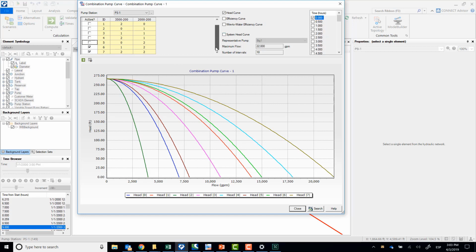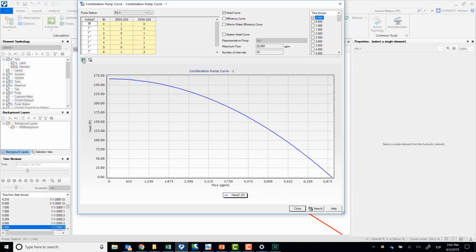Okay, so I'm going to turn them all off for now. Maybe start with one at a time, and this might make more sense. Okay, so what is this curve showing us? It's showing us the scenario where we have only one of the big pumps on. When you see this head 0, 0 is the ID.